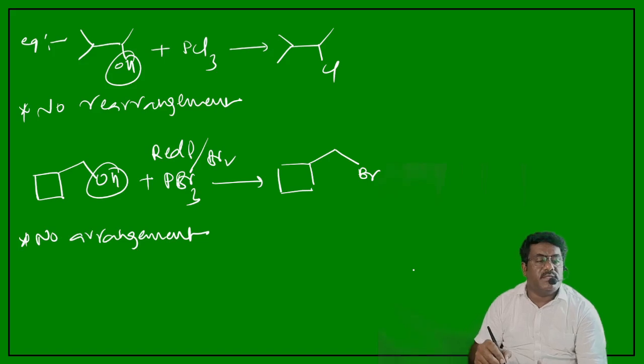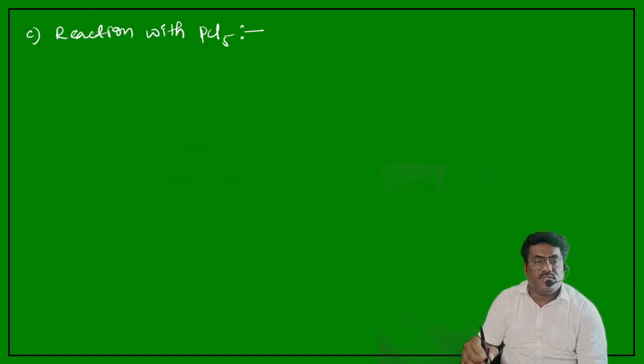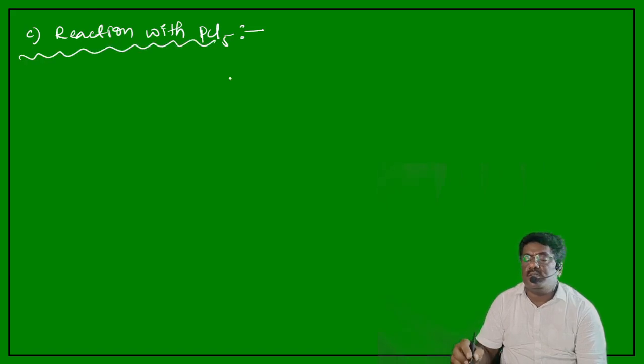Look at the next method: reaction with phosphorus pentachloride, PCl5. I am taking the example ROH in presence of phosphorus pentachloride, PCl5.